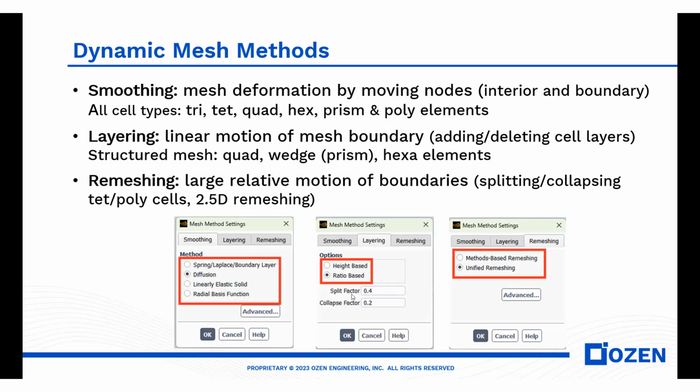The split factor means that when we have, for example, a 40% increase in the height of the layer, it will be split into two layers and add new layers, and if it collapses to 20%, then it just removes the layer.